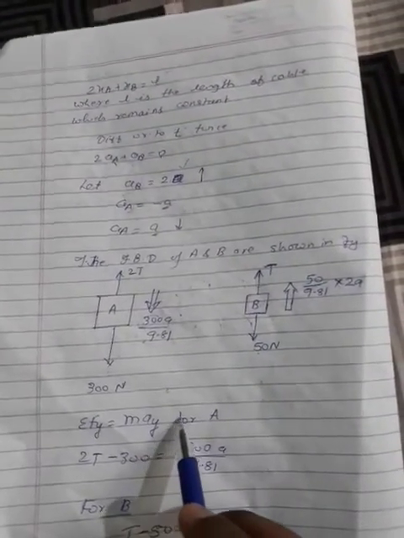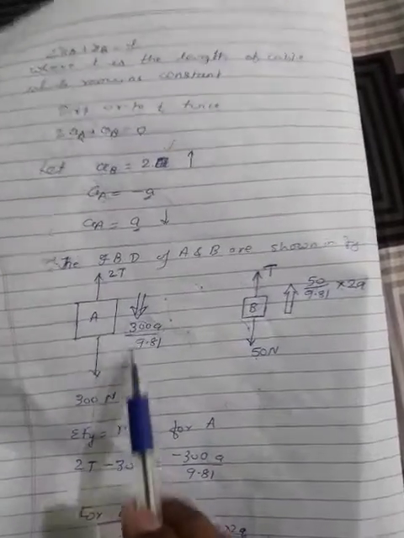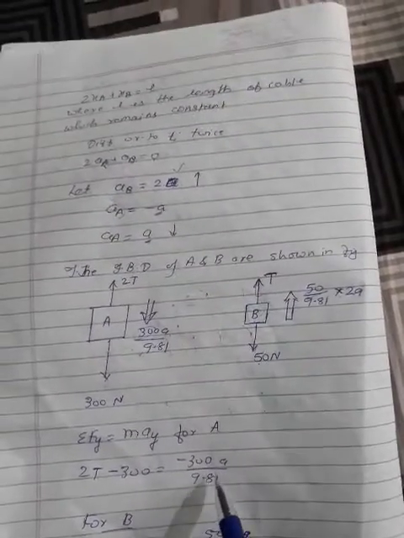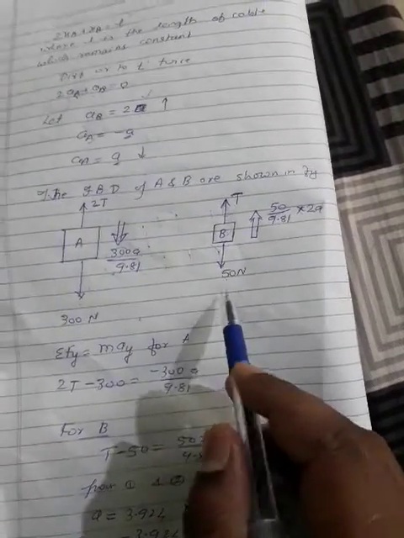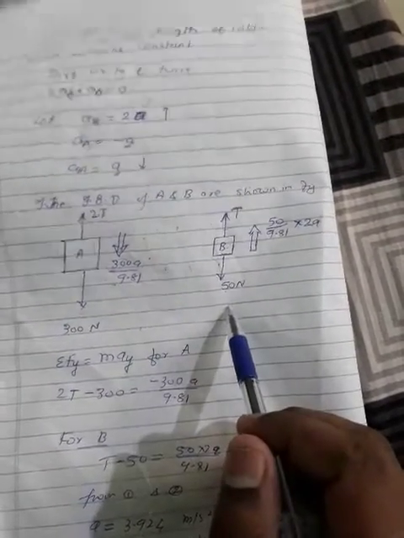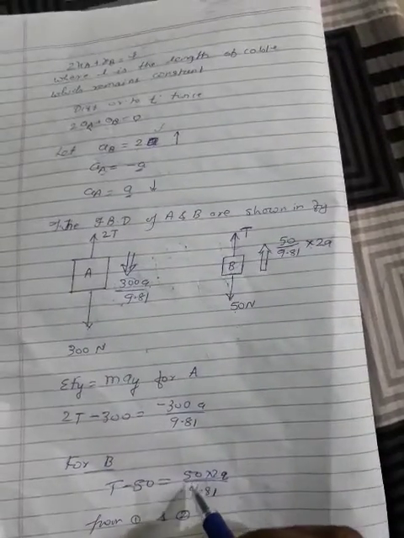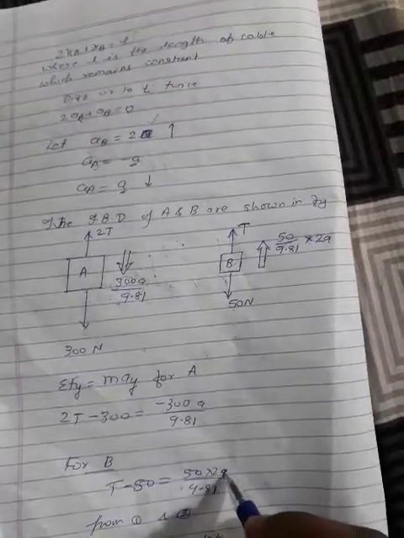Now I am applying the summation of Fy, meaning Newton's second law of motion in the y direction, for A. So I will get 2T upward minus 300 equal to minus 300 divided by 9.81 times A. For block B, T upward and 50 Newton downward, so upward positive, downward negative, equal to 50 divided by 9.81 into 2A.